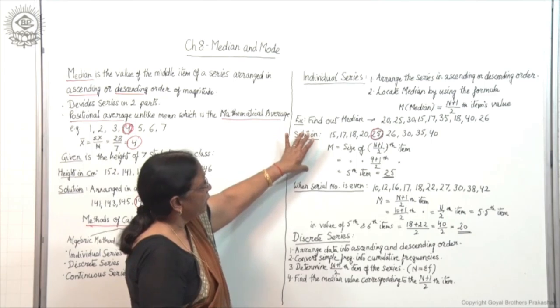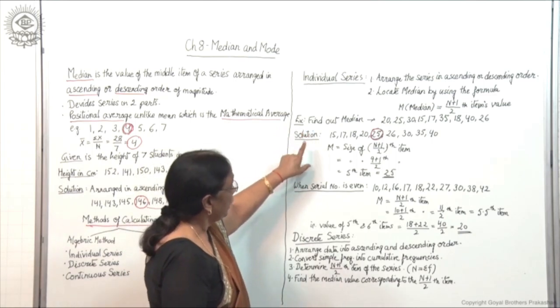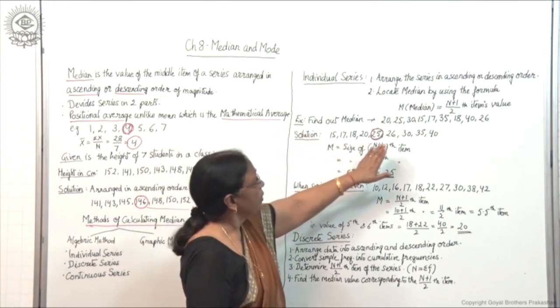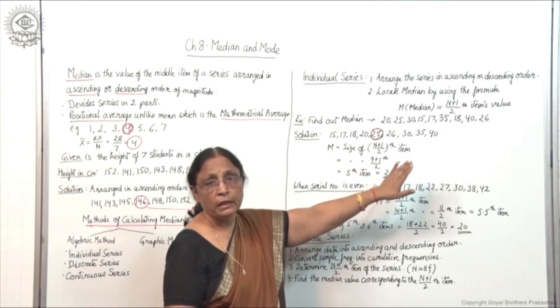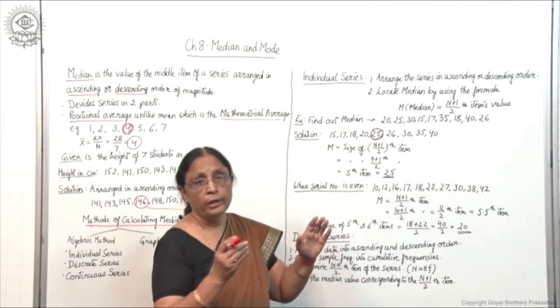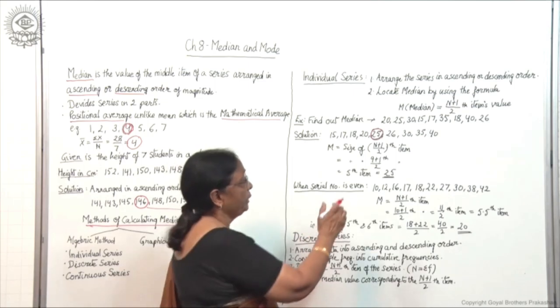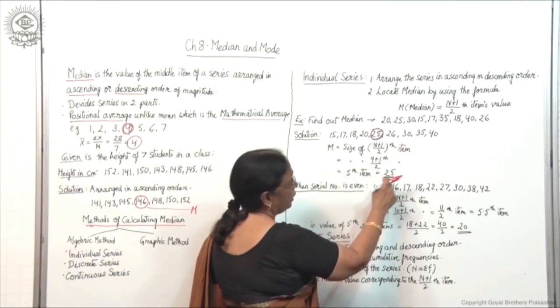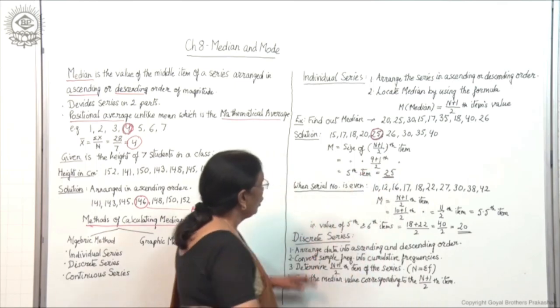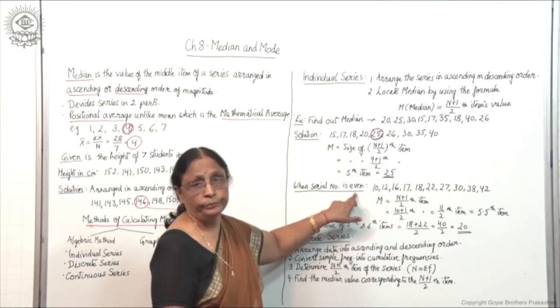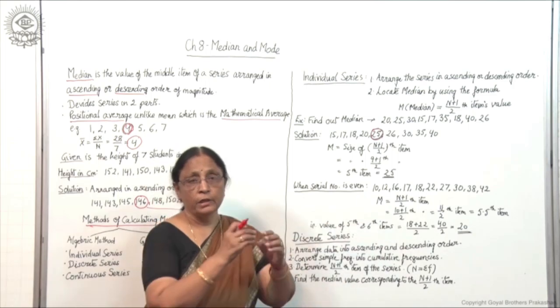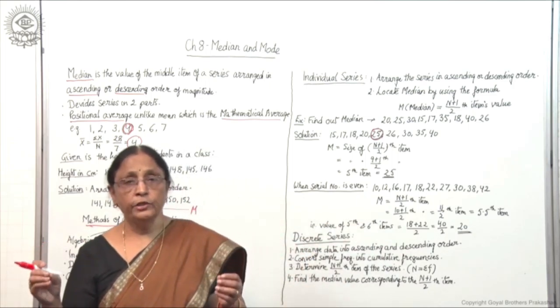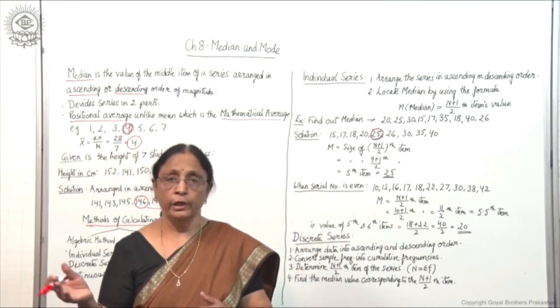Now this is the case what I have taken when odd number of figures are given. Odd means total number is 9, that is not even number, that is odd number, and then you get the item, fifth item. Now when the number is even, that means the figures given are either 8, 10, 12, 14 and so on.